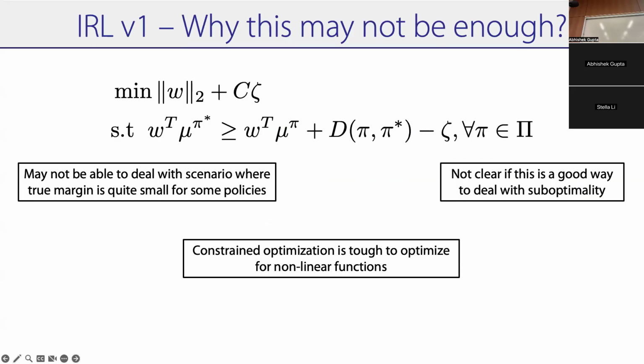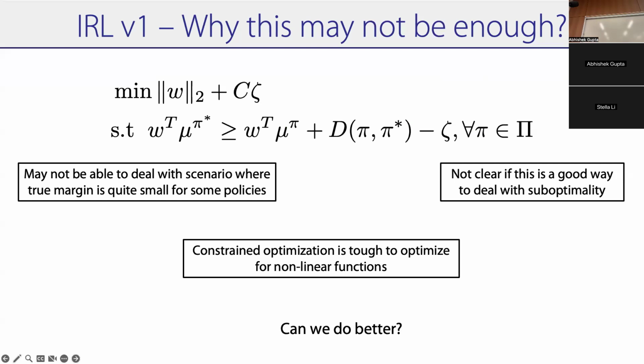But I think the one that is most problematic is that we're solving this constrained optimization problem with a big neural net and nonlinear functions, and it's kind of a pain to solve a constrained optimization problem. Especially when the number of constraints becomes huge, right? For every policy you have to have a constraint, so the number of possible constraints is huge. So solving this becomes a pain with modern function approximation.